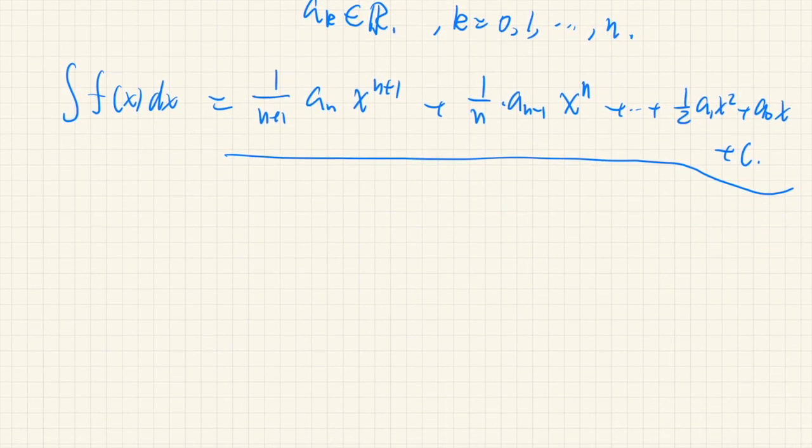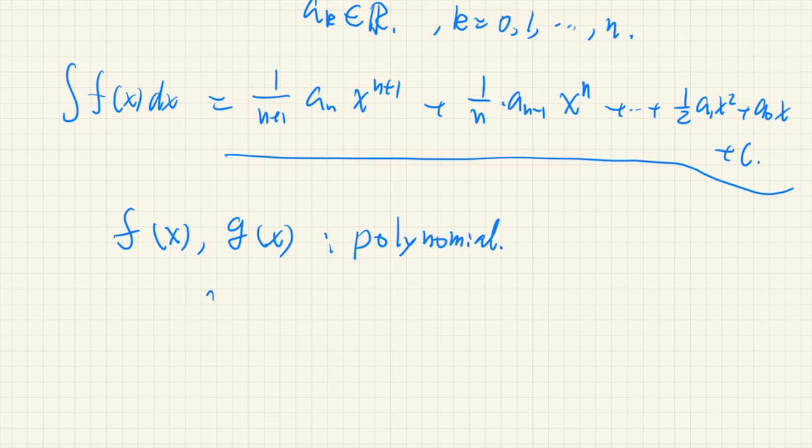And let's say we have two polynomial functions, f of x and g of x. If we take the ratio of these functions, this is called a rational function.